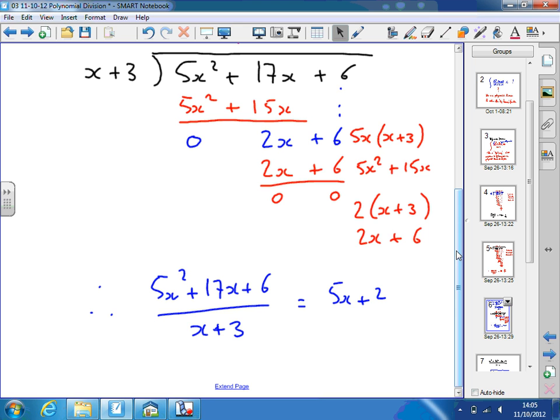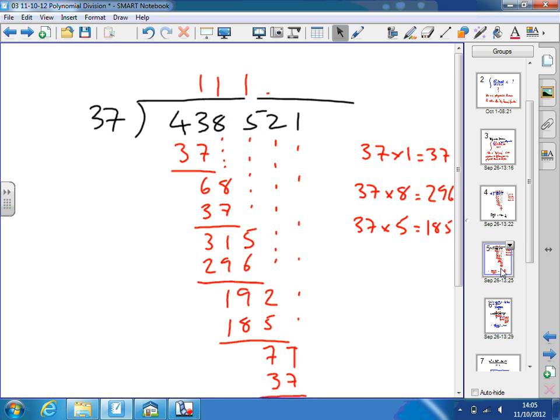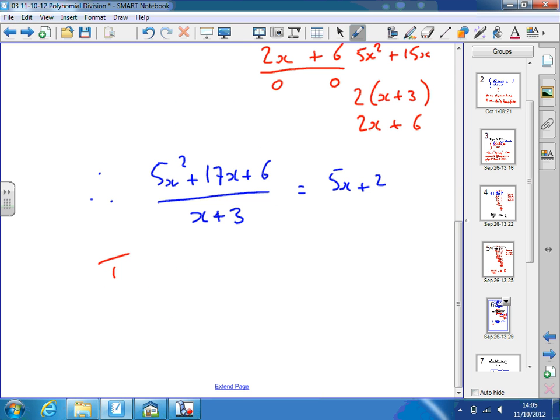Now, before you write it down, let's just look back. If I'd done this, what would I do to check I'd done this right? I'd do 4 times 1,301, and I should get back to that, shouldn't I? So to check this, I would go, what is 5x plus 2 times x plus 3? Answer, I multiply everything in this one by everything in that one.